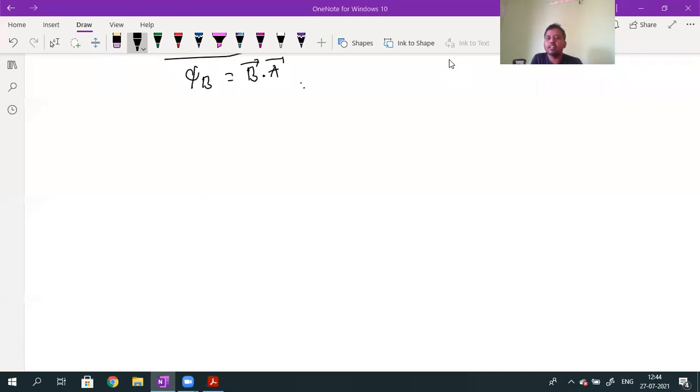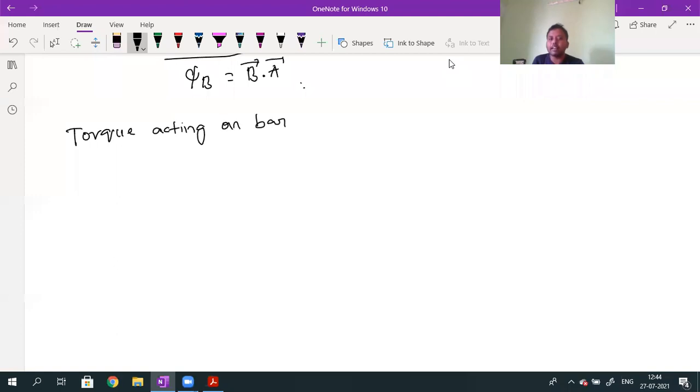Okay, so listen now. The next topic we are discussing is torque or couple acting on a bar magnet. What is the expression for torque acting on a bar magnet?